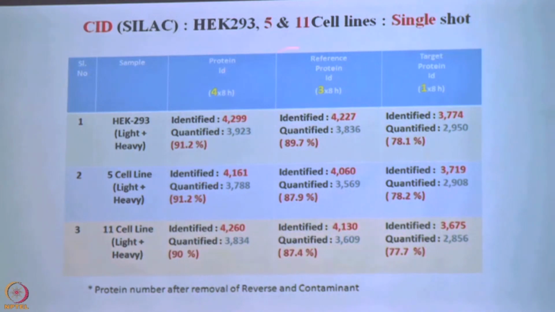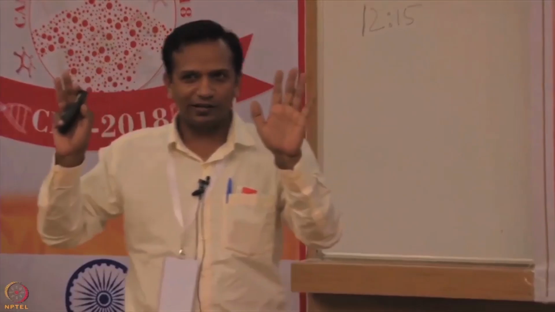Now you see what happens here, it is single shot, whatever came in one shot. This is CID, SILAC. You know CID, HCD, you would have heard. High energy, today is the era of HCD. Now you take HEK 293, light plus heavy. So HEK is there, light and heavy. Now you are comparing them, and theoretically there should not be any difference in quantitation, upregulation or downregulation.